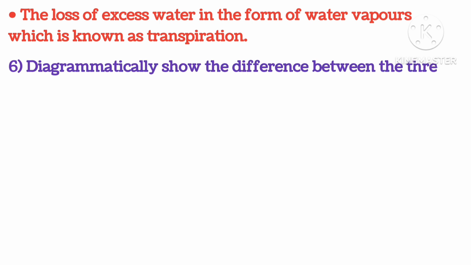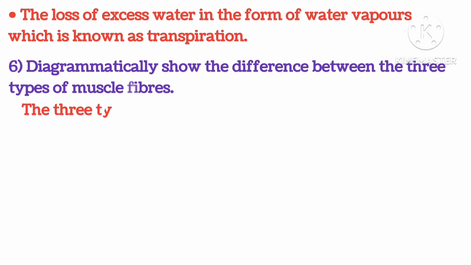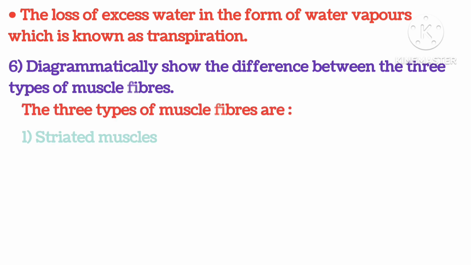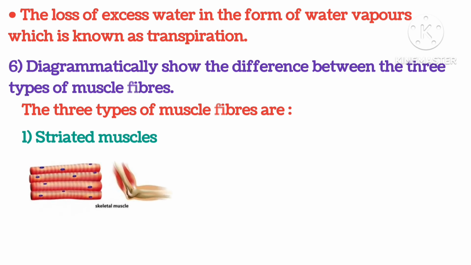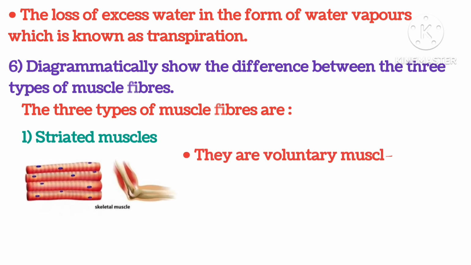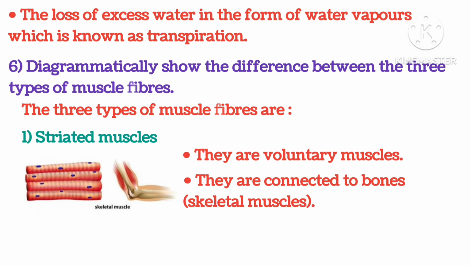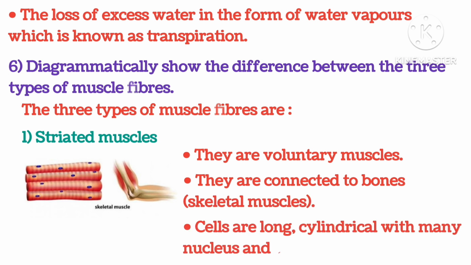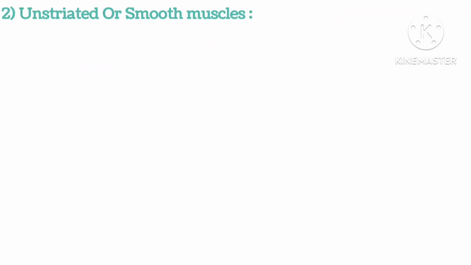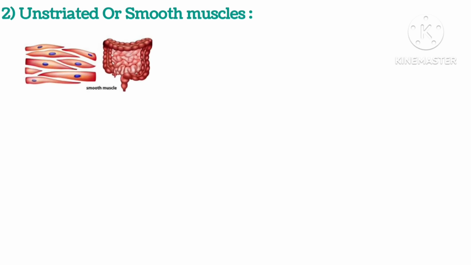Diagrammatically show the difference between the three types of muscle fibers. The three types of muscle fibers are, first, striated muscles. As you can see in the diagram, they are voluntary muscles. They are connected to bones, also known as skeletal muscles, and the cells are long, cylindrical, with many nuclei, and are unbranched. Second is unstriated or smooth muscles.